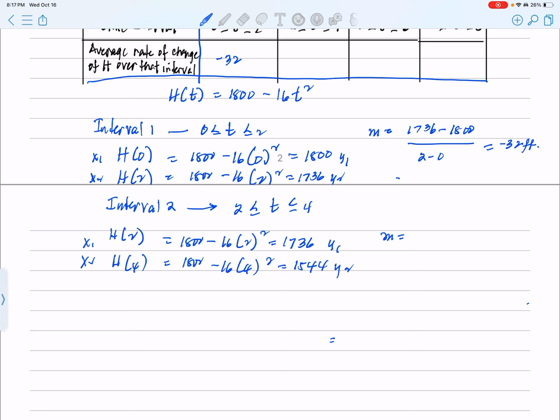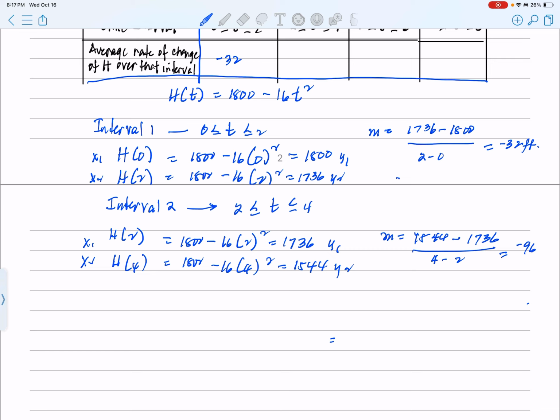So your rate of change would be 1544 minus 1736 over 4 minus 2. You have a value of negative 96.